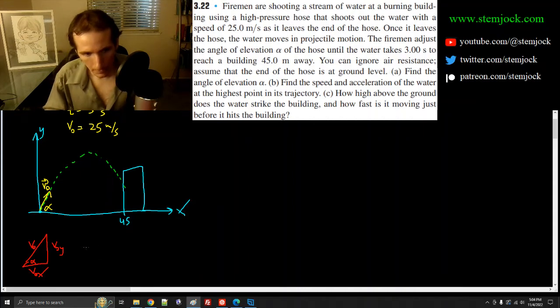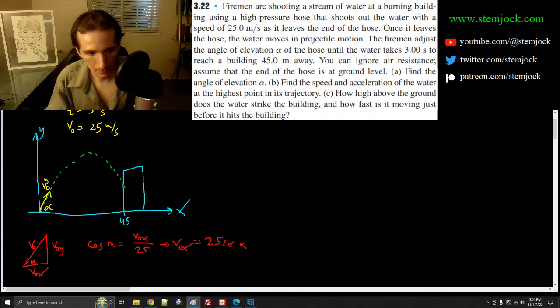Let's start by writing a formula for v0x in terms of alpha and v0, the hypotenuse. So we're going to take the cosine of alpha. This is the ratio of the adjacent side, which is v0x, over 25. Solving this for v0x gives me 25 cosine alpha.